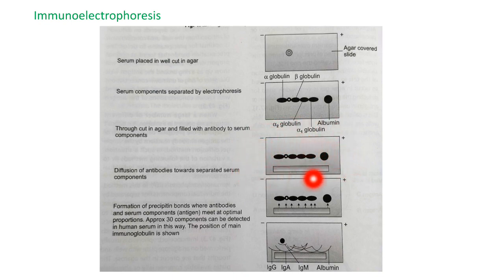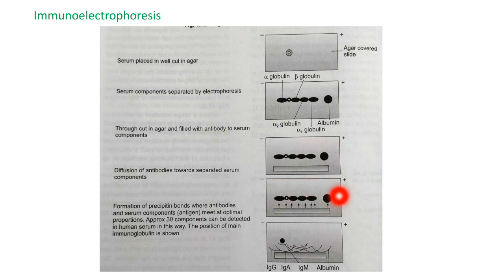Then, adjacent to that, a trough or cut will be made in the agarose gel. The anti-serum, which is specific for the antigens, is placed in the trough. Then diffusion of antibodies will occur towards the separated components.